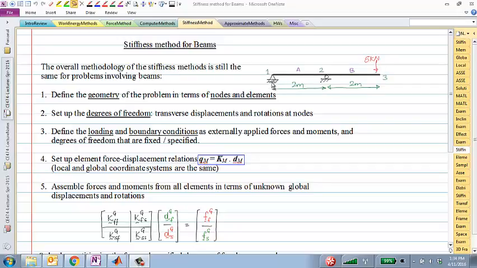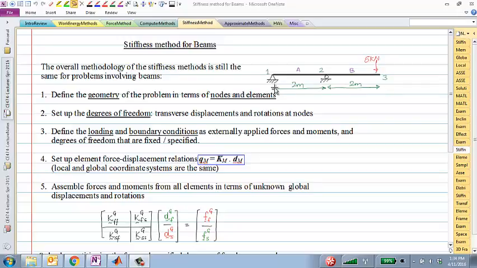Here's the first question: is this particular beam statically determinate or indeterminate? Determinate, right? It's a simply supported beam with an overhang and with a tip load. So it's a determinate problem. You can solve for all the reactions, bending moment diagram, shear force diagram, everything using statics alone.